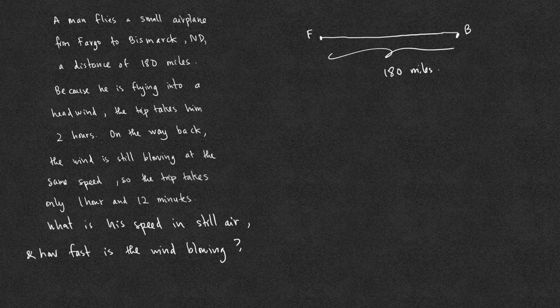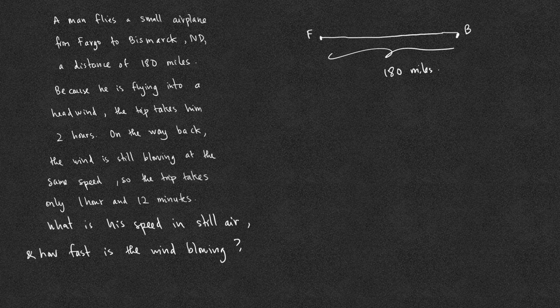We're looking for the speed of the airplane in still air and how fast the speed of the wind is. Usually, the last sentence will ask us to find certain quantities.